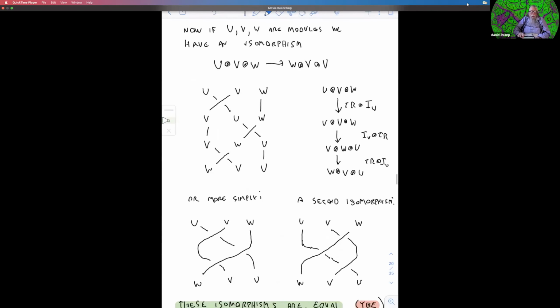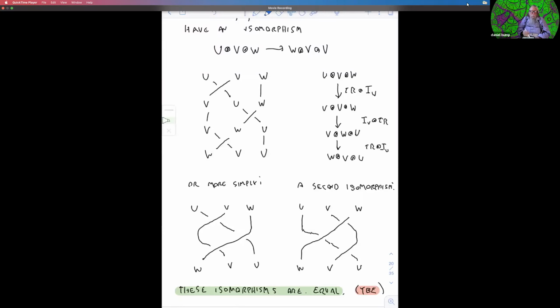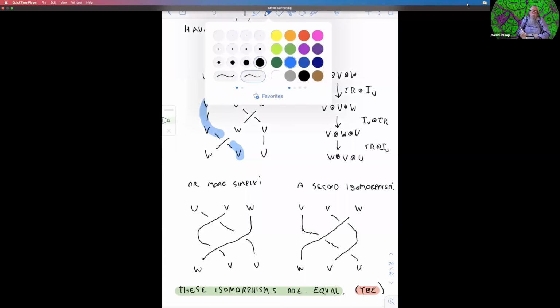First, I could use the braiding to switch U and V. Then I could switch U and W, and then I could switch V and W. And I have a sequence of homomorphisms, which I've diagrammed on the left. And if I read these off from top to bottom, I get a picture that looks like this. Now, this probably looks somewhat familiar because you can imagine that there's a braid which is going on here.